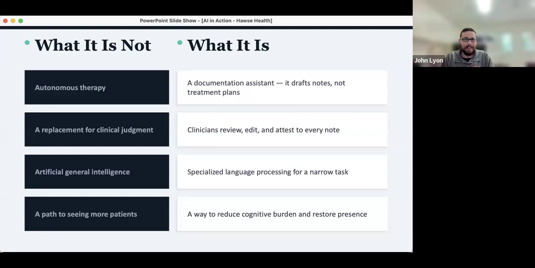It's not making any clinical decisions. It's not generating anything. It is very, very narrow language processing. So it's predictive text that's basically trained specifically on behavioral health, and in our case, our scribe is also medical, but it's trained specifically on those things.